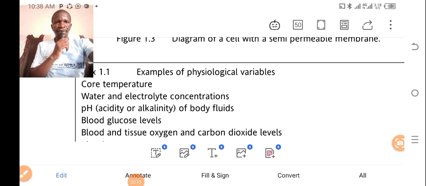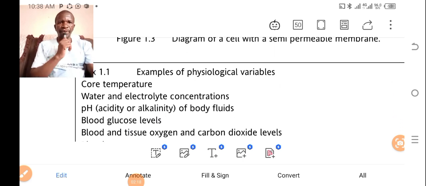So what are some of these variables that are tightly controlled? The variable of temperature, the variable of water and electrolyte concentration, the variable of pH or acidity or alkalinity of body fluids. We've got the variable of blood glucose levels.